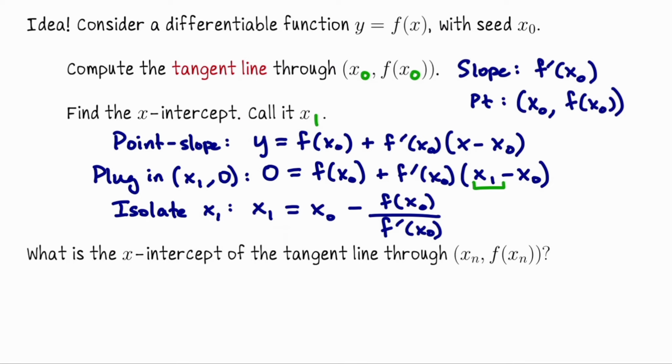But now we realize, hey, look, we can just recycle everything we did. So instead of x naught, f of x naught, let's do x1, f of x1. That means I'm just going to update these subscripts. The slope is f prime at x1. The point on the tangent line that we know must exist is x1, f of x1. Point slope form for our line is also just going to involve updating these subscripts. So y equals f of x1 plus f prime at x1 times x minus x1.